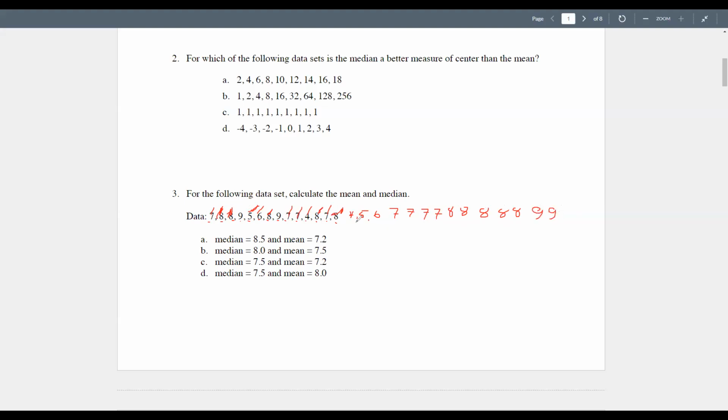Okay, so if I count carefully, 1, 2, 3, 4, you got 14 numbers here. So halfway would be like 7.5. 14 divided by 2, that's going to give you 7, so 1, 2, 3, 4, 5, 6. That means somewhere around here and around there.